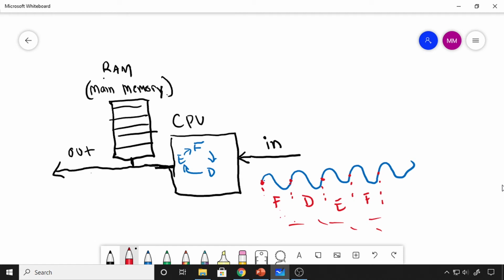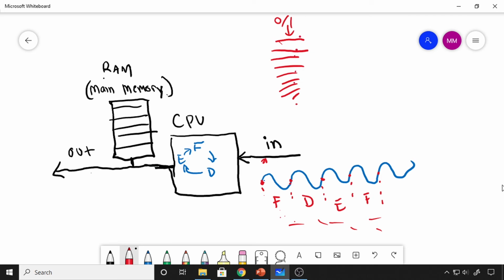It's also important to note that this bus here is 64 bits. That means there are 64 lines of communication. Each one of these lines can either be charged or not charged, meaning it can represent a 1 or a 0. You can have a 1 or 0 here, 1 or 0 here, and so on.